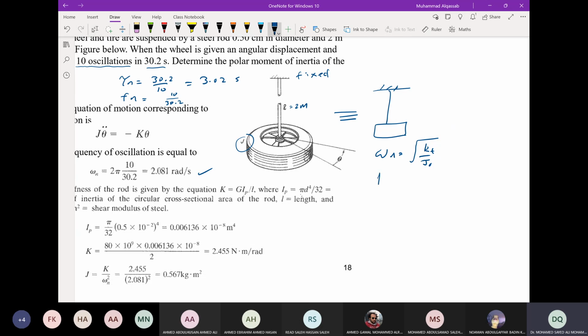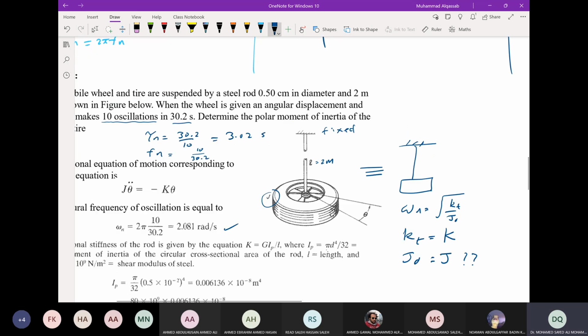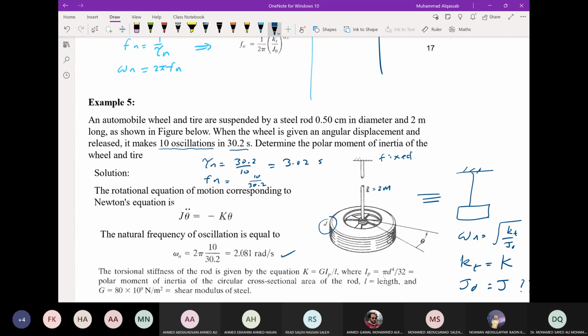So we have kt given as capital K, and Jo is equal to J. This is unknown. Regarding K, the shaft information is given. This is steel, the material of the shaft, and its diameter is 0.5, and its length is equal to 2 meters.